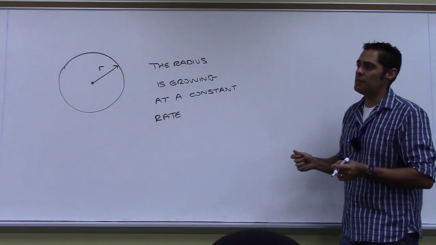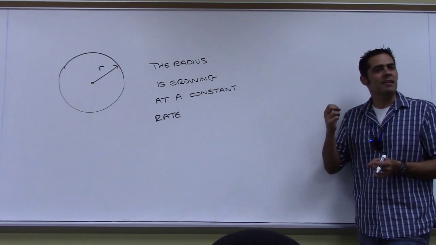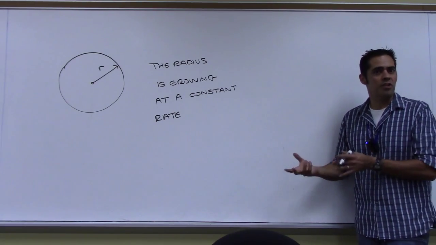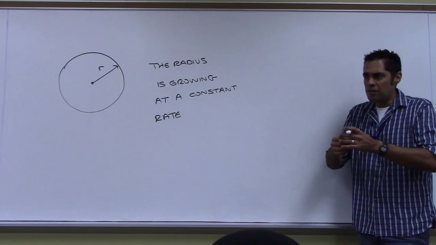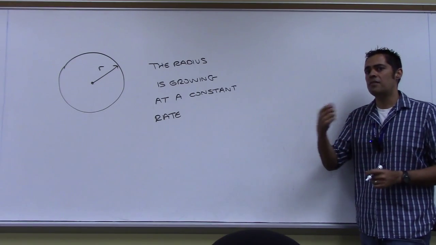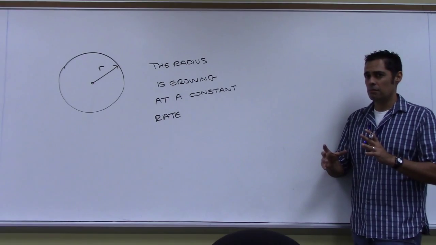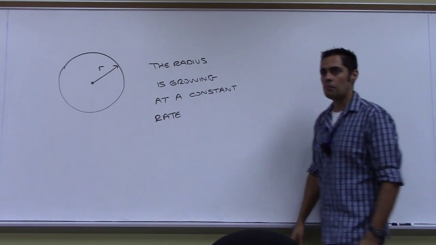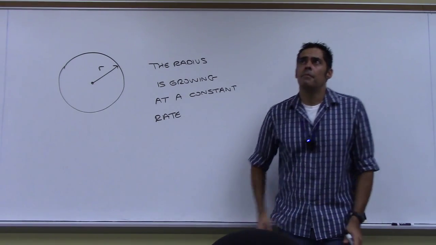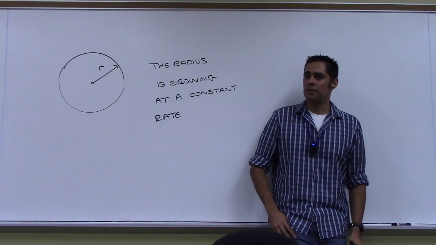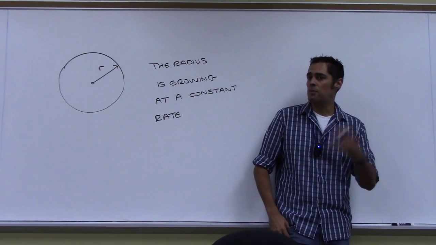The question is, how fast is the area changing? We know the radius is changing at a constant rate. How fast is the area changing? Understand? You mean like time? It's a rate, so it will be like speed is, miles per hour.